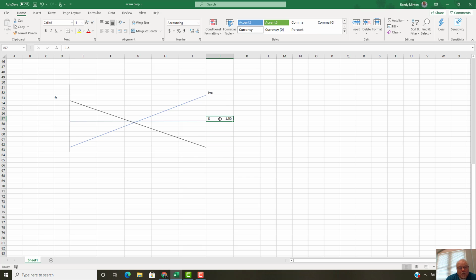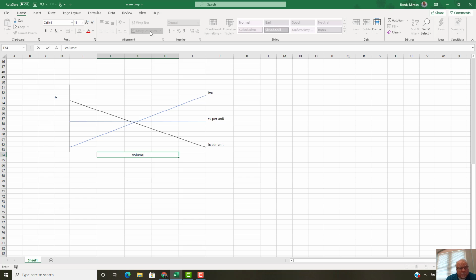This is your variable cost per unit. This is your fixed cost per unit. Because they're going down as your volume increases, okay? Then this is volume down here, right? And this is cost up this way.